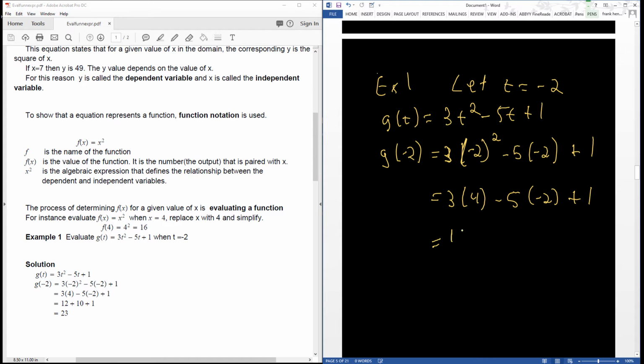So here I have 12 minus -2 times 5, which is going to be -10, plus 1. So we can rewrite that to be 12 plus 10 plus 1. We add these together, we get 23. 12 and 10 is 22, plus 1 is 23.